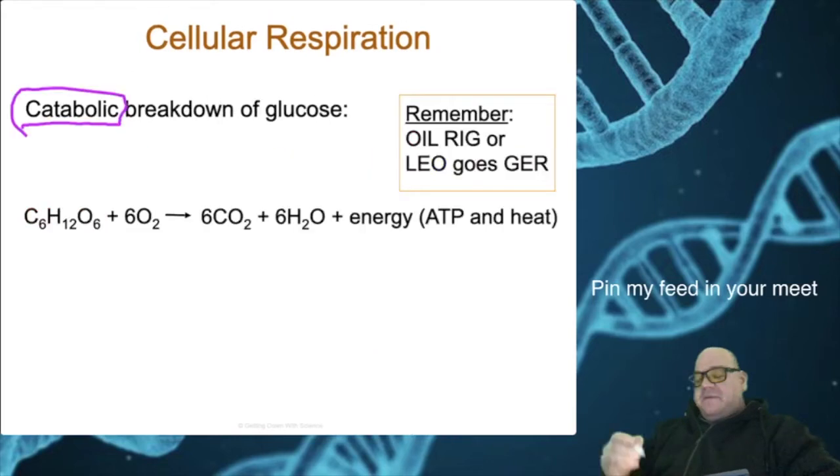And before we look at this any farther, I want you to just know that these are redox reactions. And in redox reactions, electrons are moving around. And we talked about these two memory tools over here. In oil rig, it is oxidation is lost, reduction is gained.